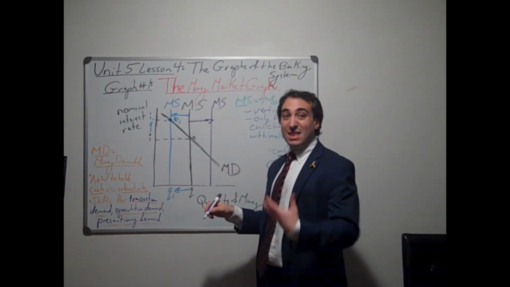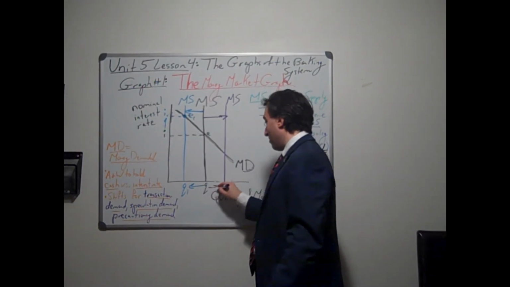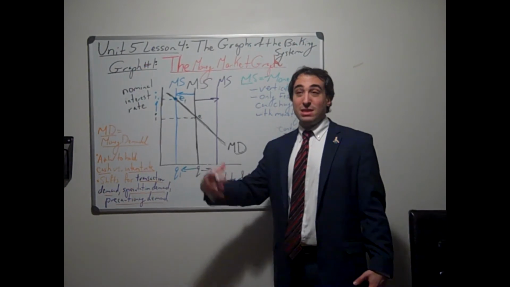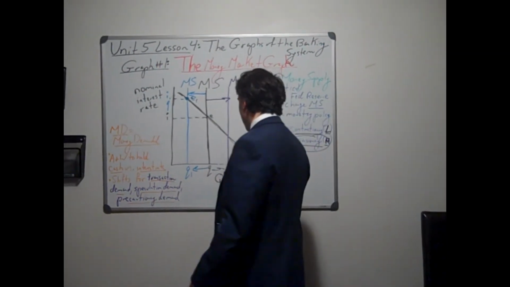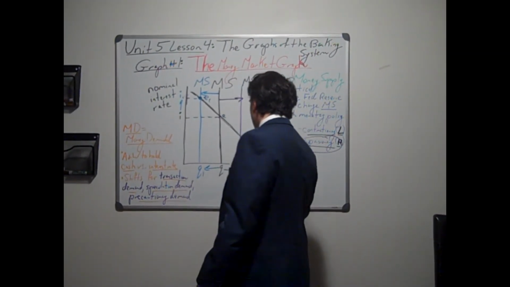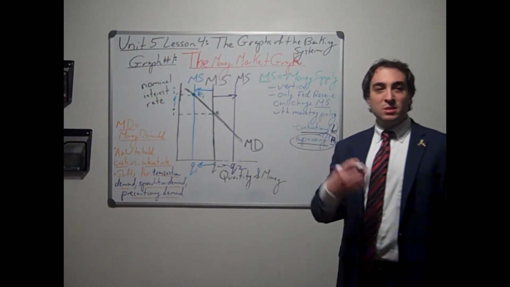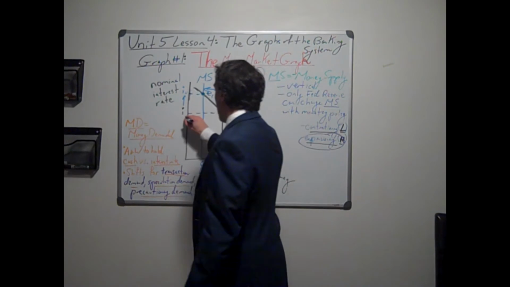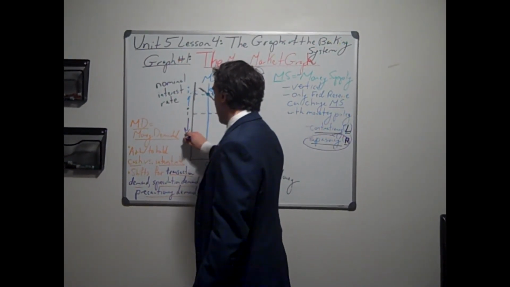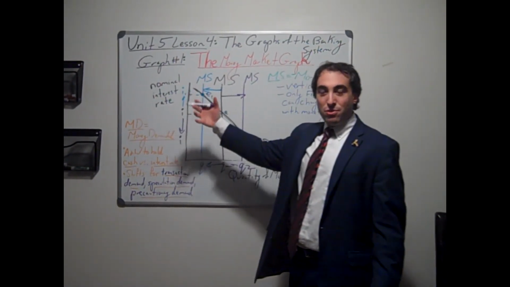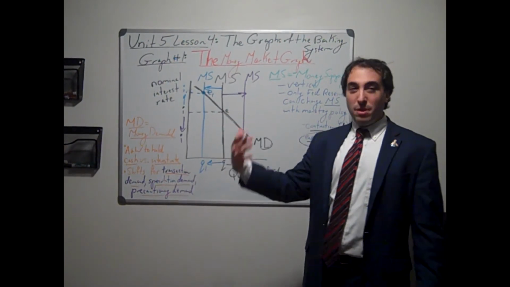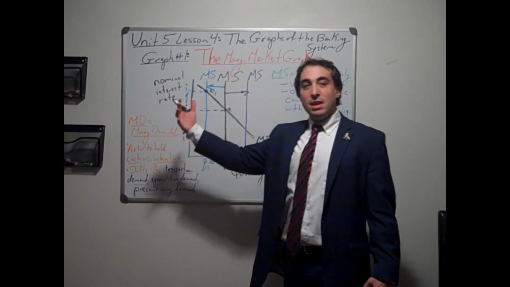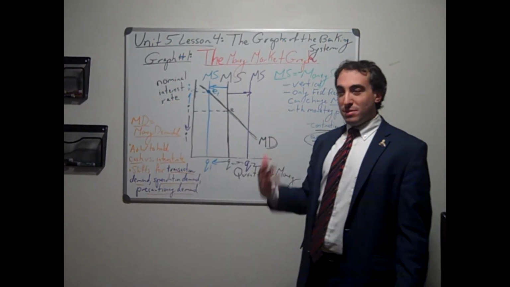What does this do? This literally shows, we see literally on the x-axis, it increases the quantity of money in circulation. And as banks have more money, they are able to lower the interest rate. Because remember, the nominal interest rate is also a signal from the banks to people who want to take out a loan. Hey, we have more money, come take out a loan.